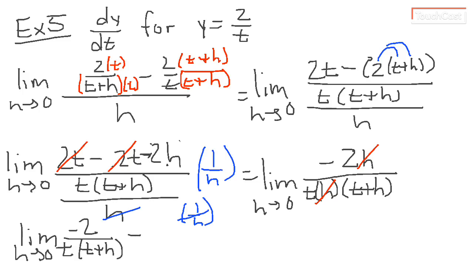And now if we solve this with direct substitution, the h in t plus h is just 0. So we're going to have negative 2 over t times t, which is t squared. So our derivative of 2 over t is negative 2 over t squared.